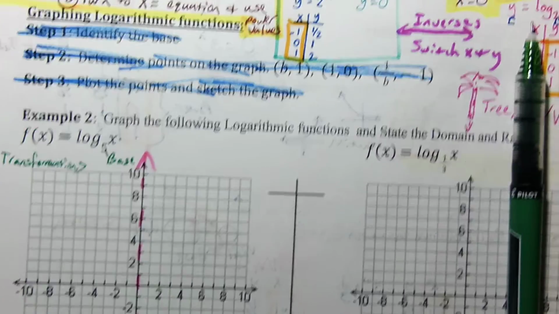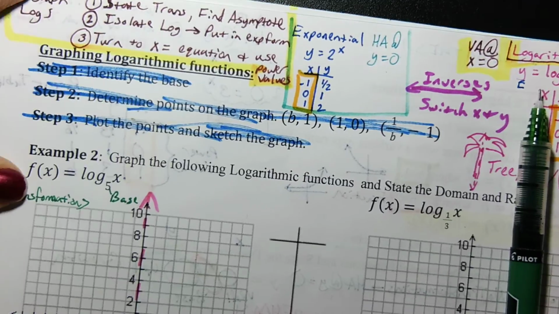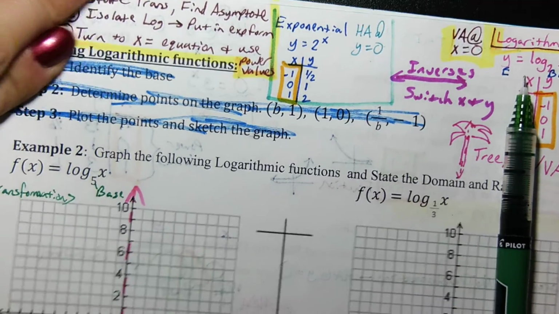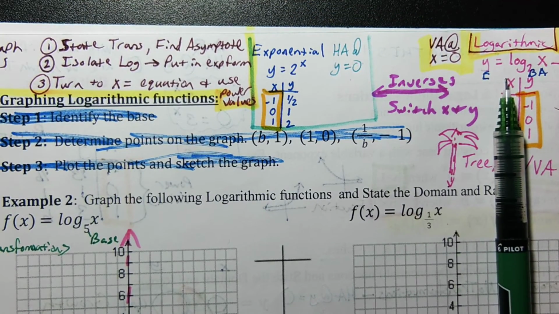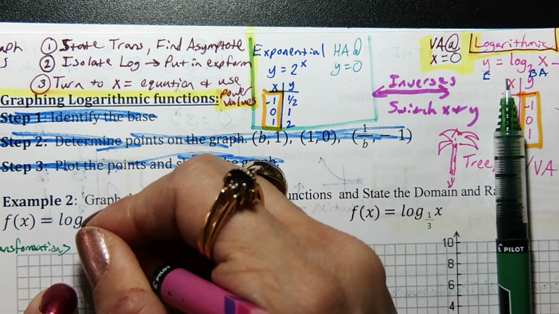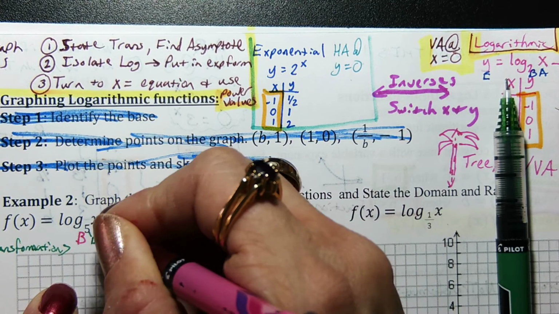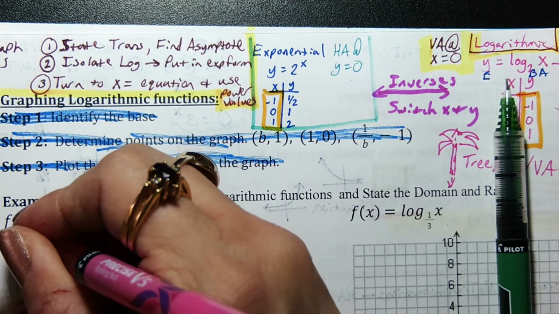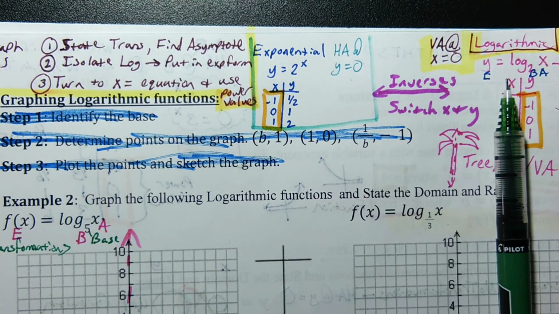Step 2, isolate the log. There's nothing more to do to isolate the log in this equation. So we can just put it in exponential form. So we see the word log, and we go in the order right after the log of big, then animal. So what's our ears?